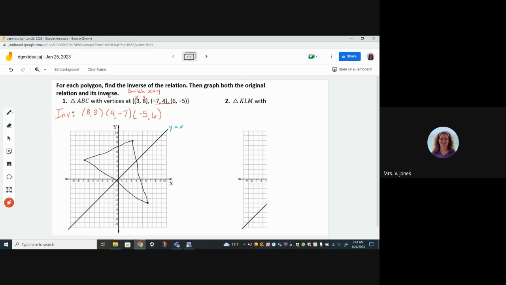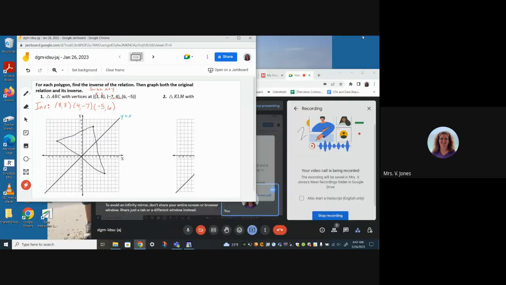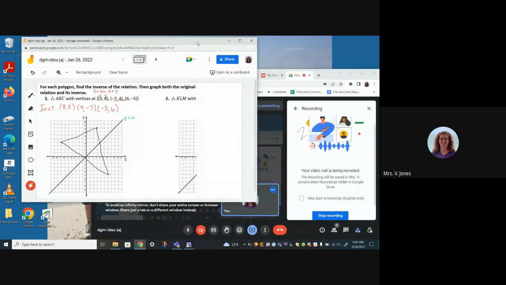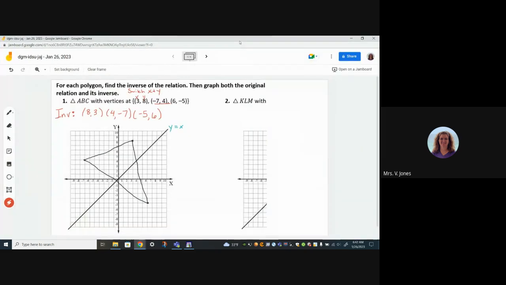So the distance from this point to that line will be the same distance to your inverse point. So let's plot those points and see where we are.